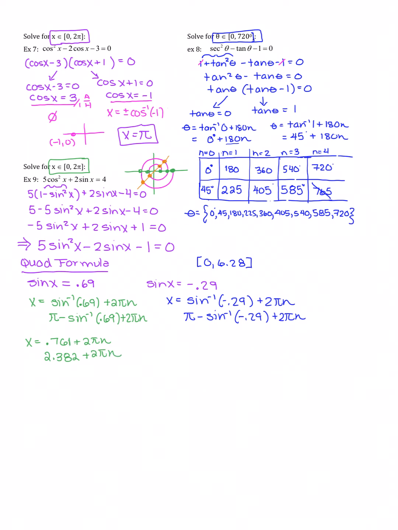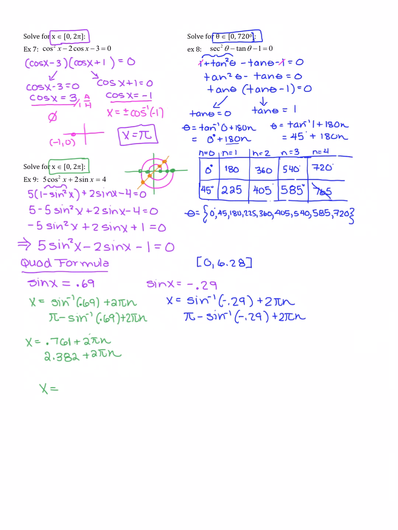All right, and notice if I'm only going from 0 to 2 pi, as soon as I add the 2 pi n, that's going to take me outside my range. Now on this other side, I'm going to have inverse sine negative, so second sine negative 0.29.